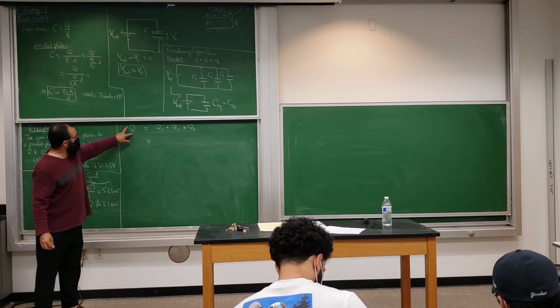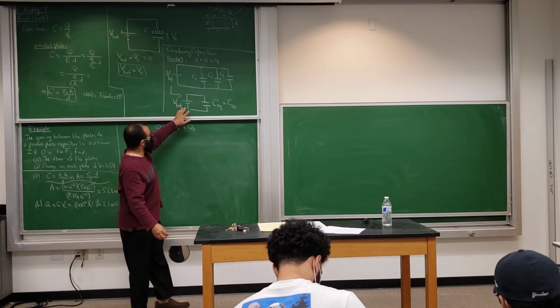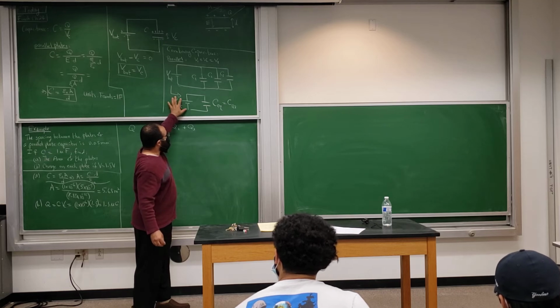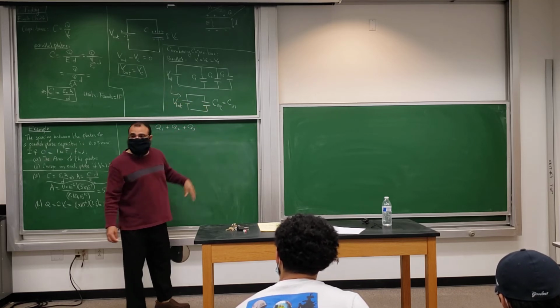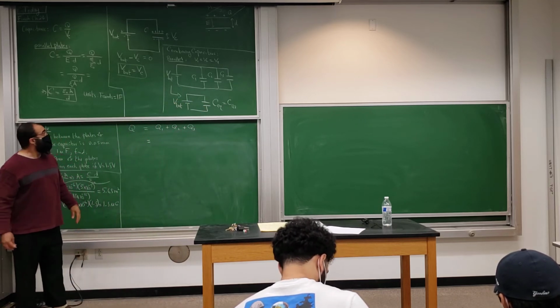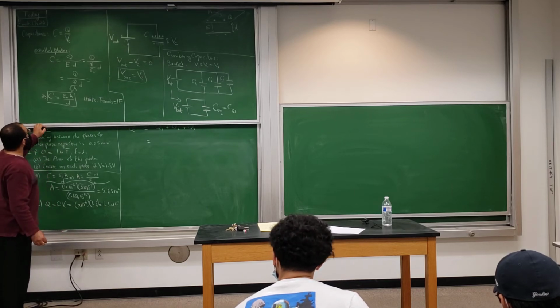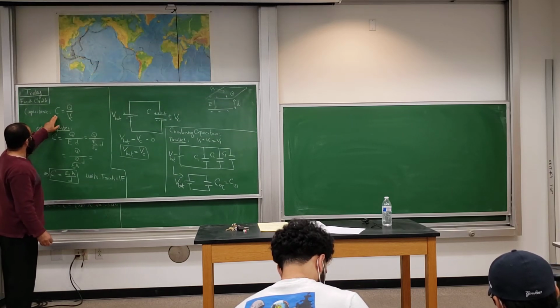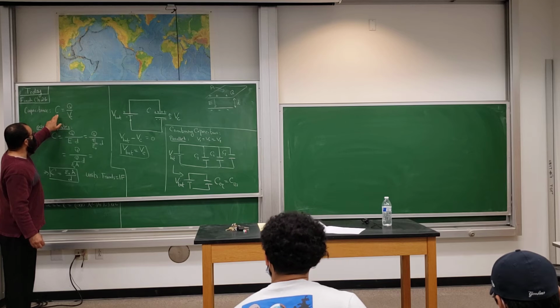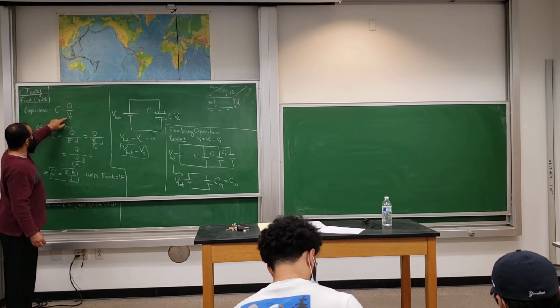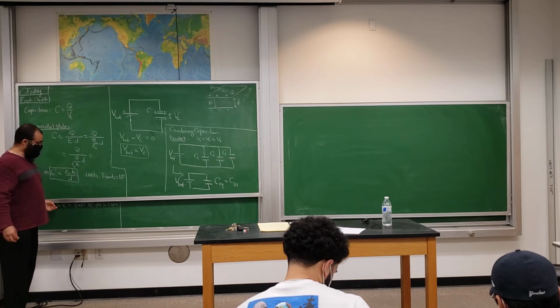Q, and how is Q related to the voltage on the battery or on the capacitor? It's CV, yeah, because capacitance is Q over V, so C times V will be the total charge of that equivalent capacitor.